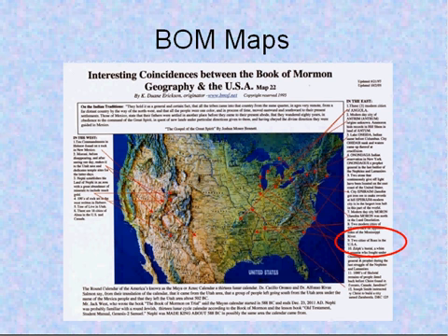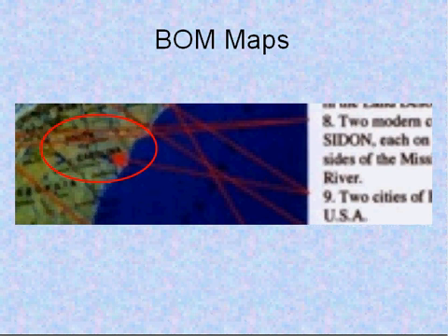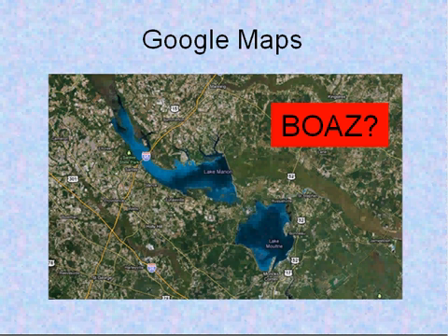If we zoom in, though, we can see that it's pointing somewhere in South Carolina. It's a little bit hard to read, but that says South Carolina, and that looks like 2 lakes there. Well, if you zoom in on Google Maps to take a look at those 2 lakes, you can see which lakes those are. So the question becomes, is that where Boaz was located? Or the 2 cities of Boaz, as the case may be? Well, perhaps it was, or maybe not.